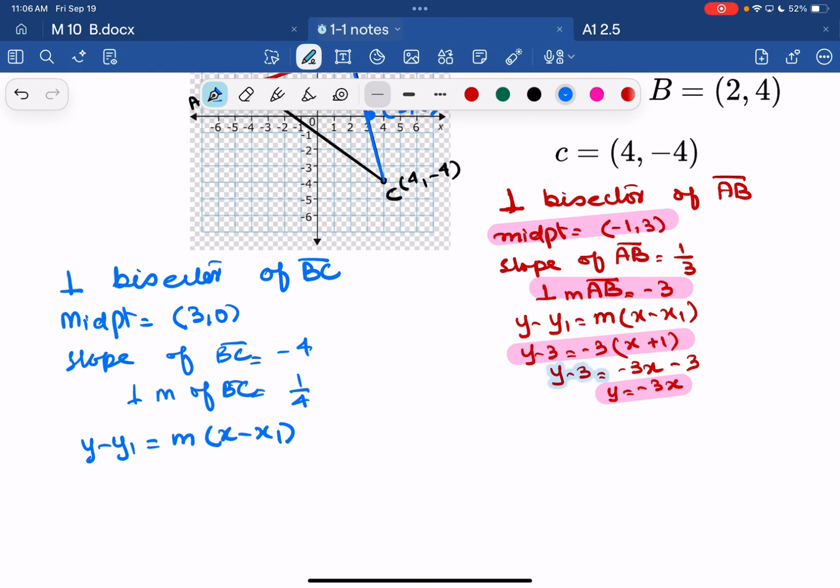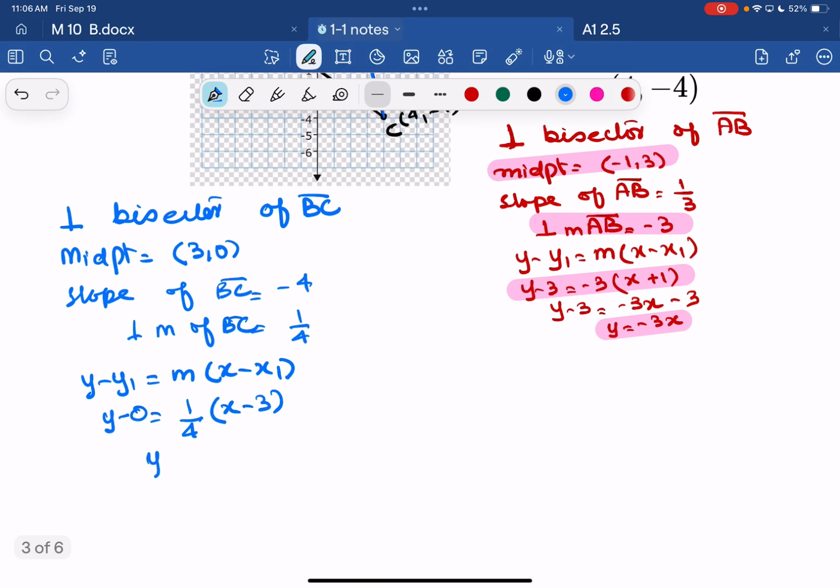Sadia. It is y is equal to 1/4 times. Good.